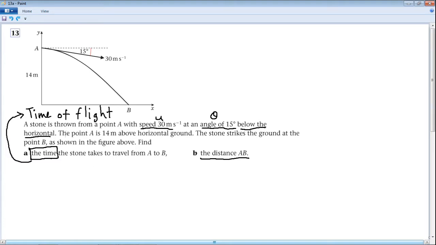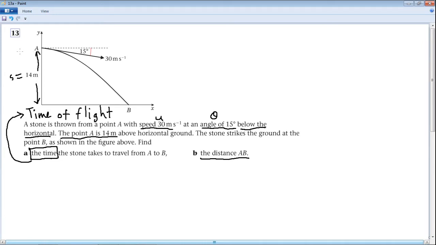The point A is 14 meters above the horizontal ground, so this is 14 meters above the horizontal ground. The stone strikes the ground at the point B as shown in the figure above, so this is the point B. Since we are throwing the stone from A to B, the vertical displacement is 14.